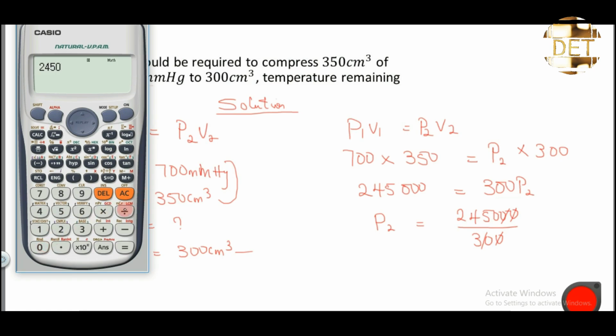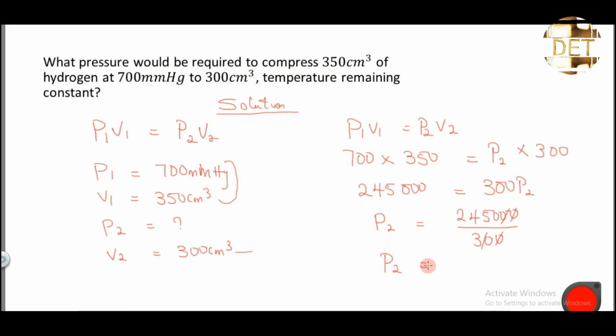2,450 divided by 3 will be equal to 816, which is approximately 817. So our P2 will be equal to 817 millimeters of mercury.